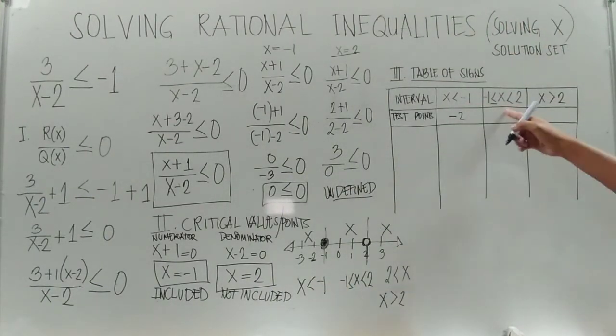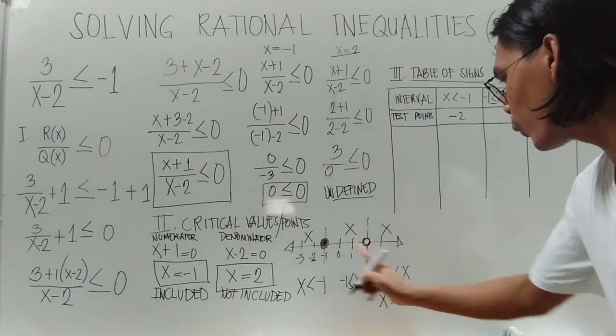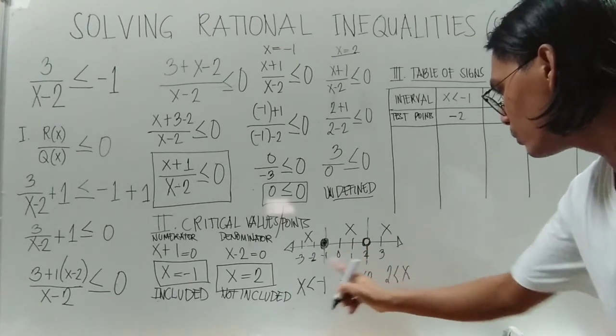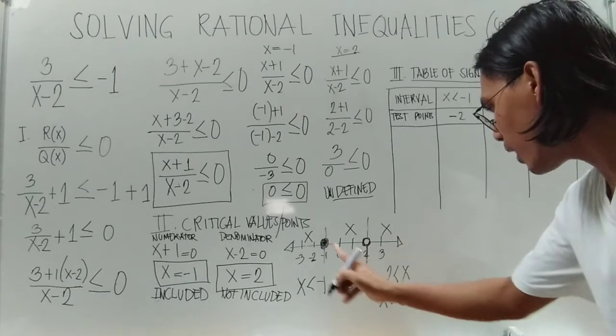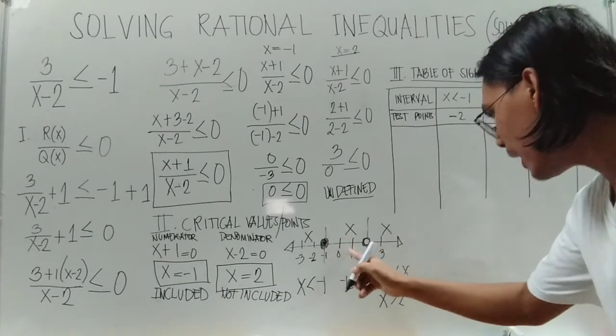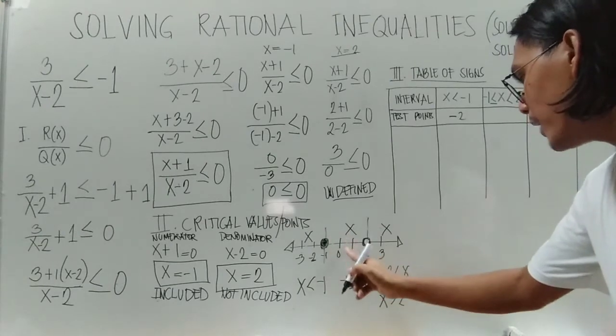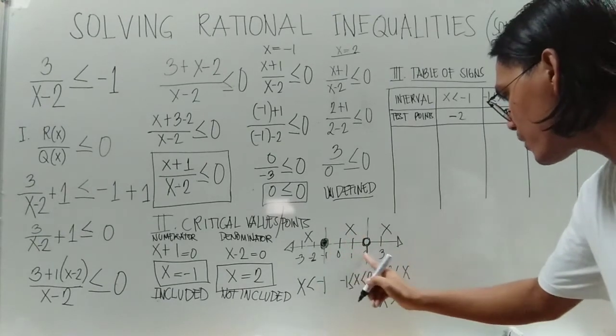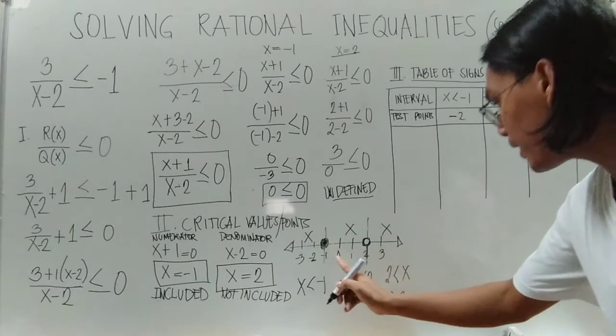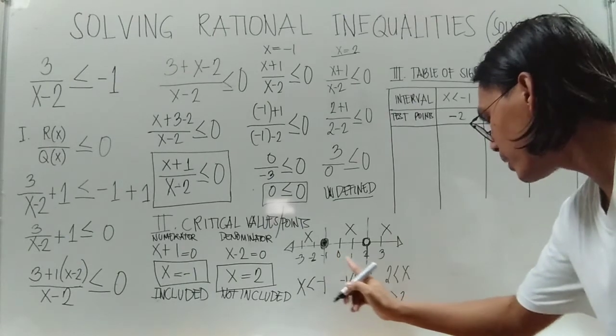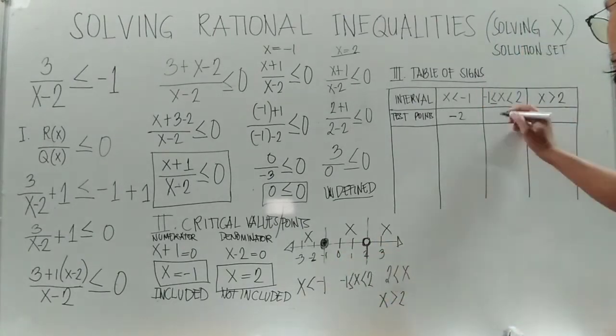Okay? Next, the values between -1 and 2. So if you have to choose, you have -1/2, 1/2, 1 and 1/2. But of course, let's try 0 and 1. So between 0 and 1, the most basic, of course, is let's try 0.